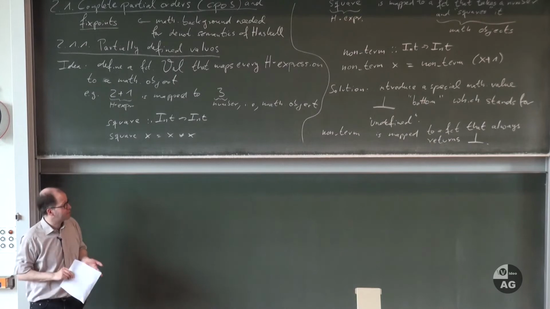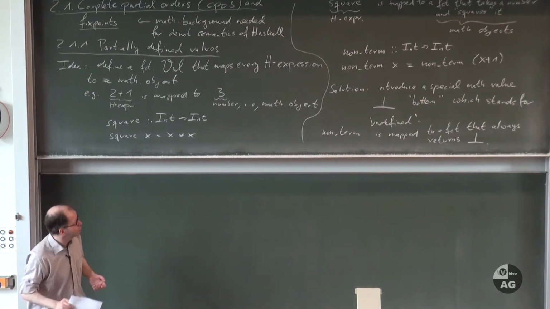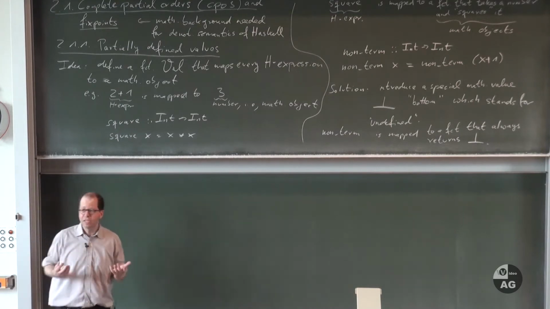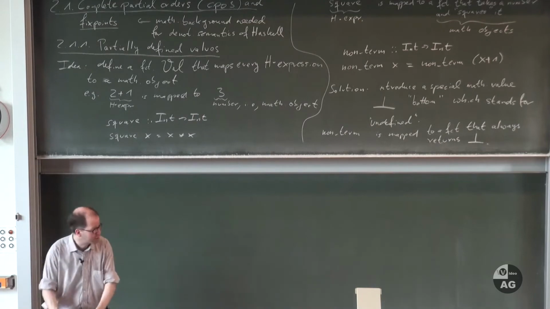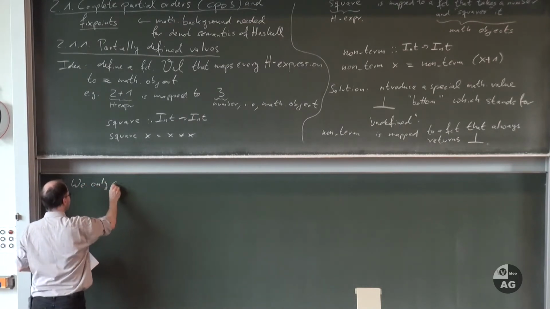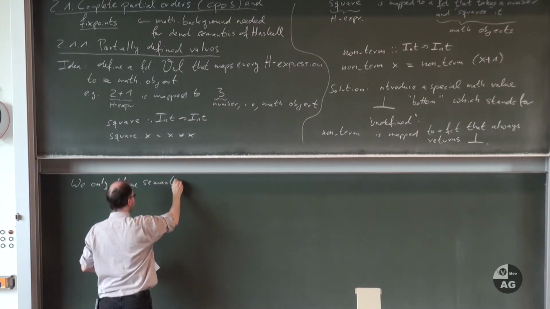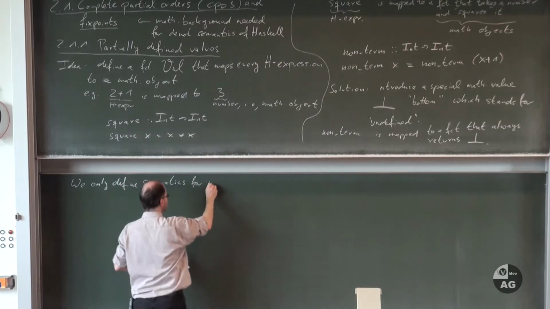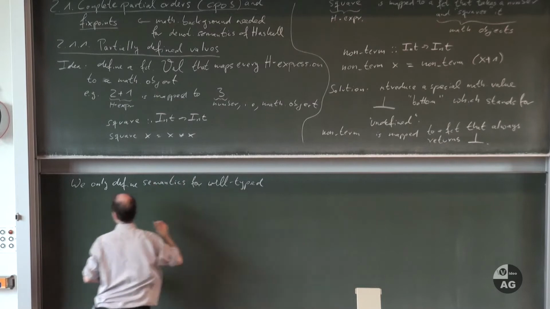And maybe I should stress that this mapping from Haskell expressions to mathematical objects, we only define this for well-typed Haskell expressions. I mean, if the expression is not well-typed, so something like non-term true, that's not a legal Haskell expression, and so we don't have to define any semantics for it because these expressions cannot occur in Haskell programs. They will be rejected anyway by type checking. So we only define the semantics for well-typed Haskell expressions and programs.